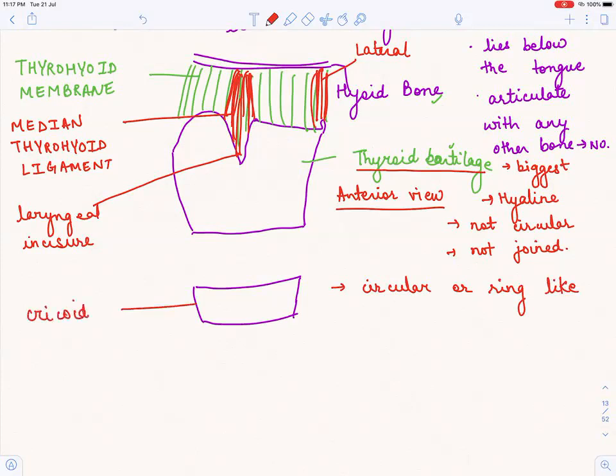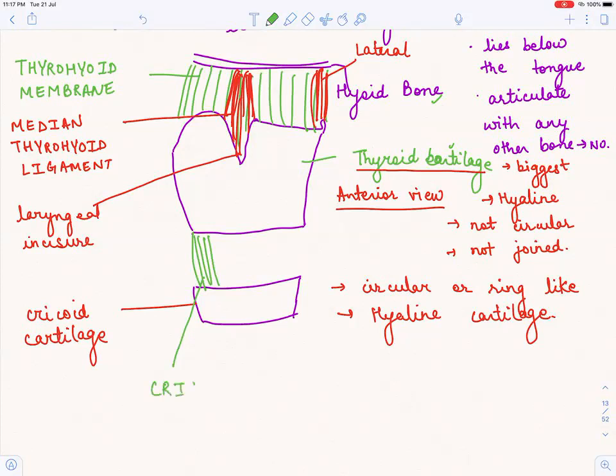This is also a hyaline cartilage. Now we have to connect this thyroid cartilage with the cricoid cartilage. So this is the cricothyroid muscle.